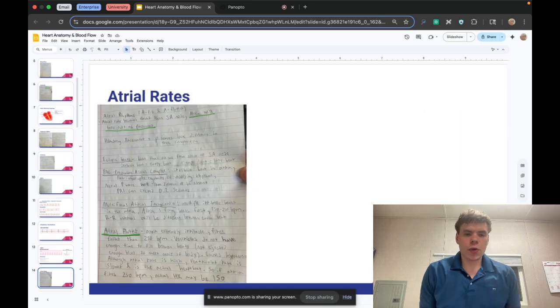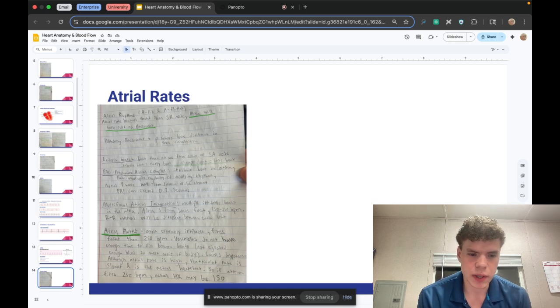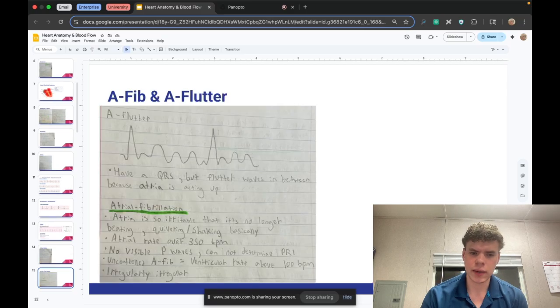All right, so atrial rates. I'm sure you've probably heard of AFib or A flutter, which are two more cardiac rhythms. I'll come back to that in a second.